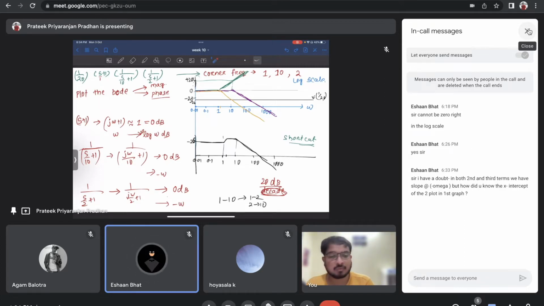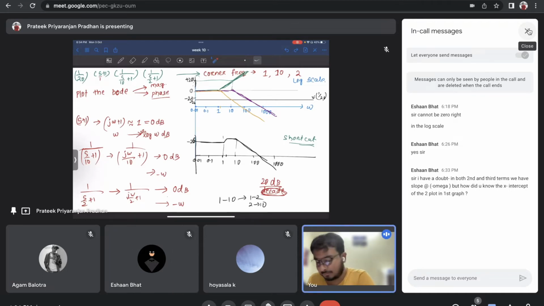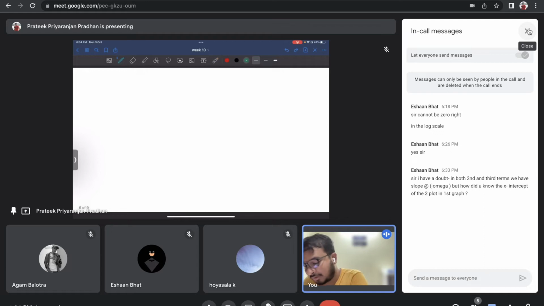No, we don't need to find them. It's simple graph theory, simple XY plotting. You know y is equal to mx plus c, right?